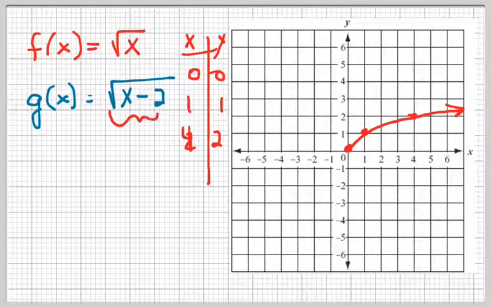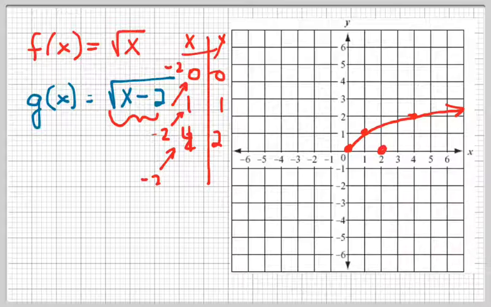What this function does is, when you plug in a 0, it actually subtracts 2 from it. When you plug in a 1, it subtracts 2. When you plug in a 4, it subtracts 2. So what it does is, you plug in an x value like 0, but it doesn't act like 0 acts until you actually put a 2 into that function.